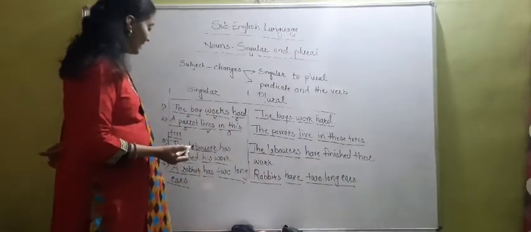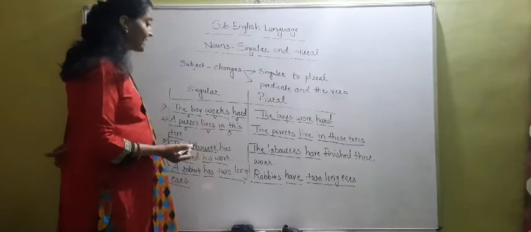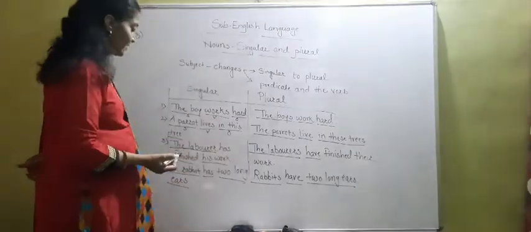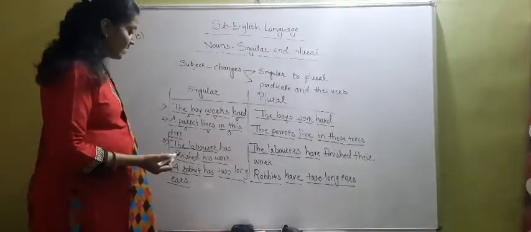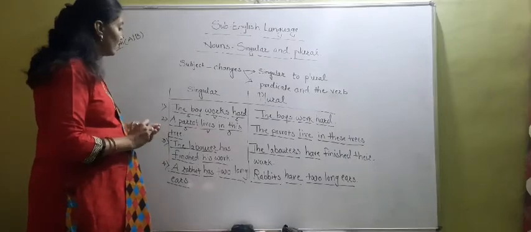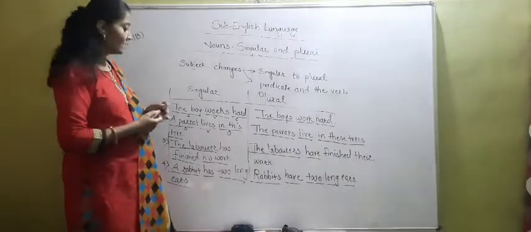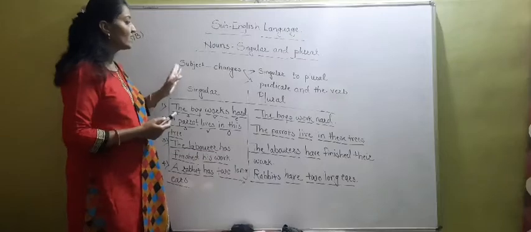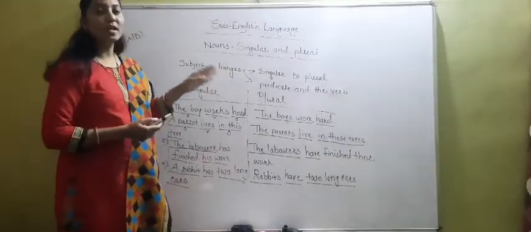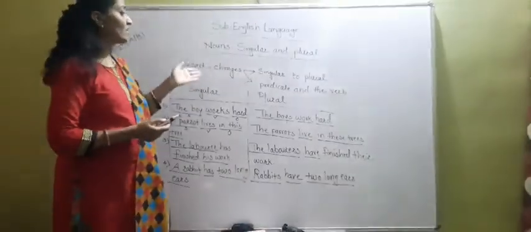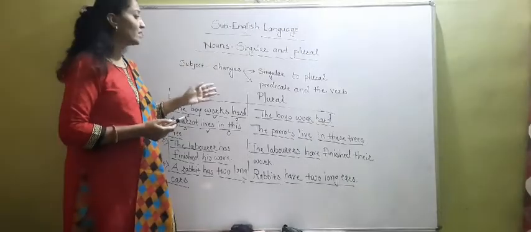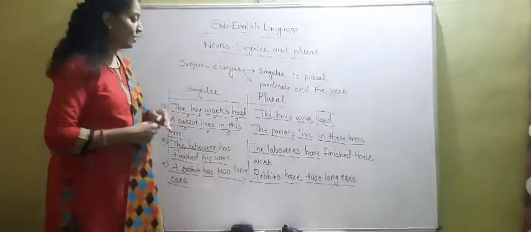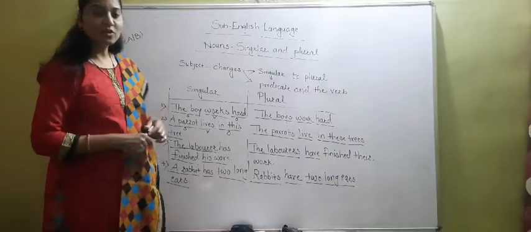The rabbits have 2 long ears, like this. Now have you understood, students, how the subject changes from singular to plural, and when we change the subject from singular to plural, at that time we have to change the predicate and the verb too. So I hope this is clear to you.